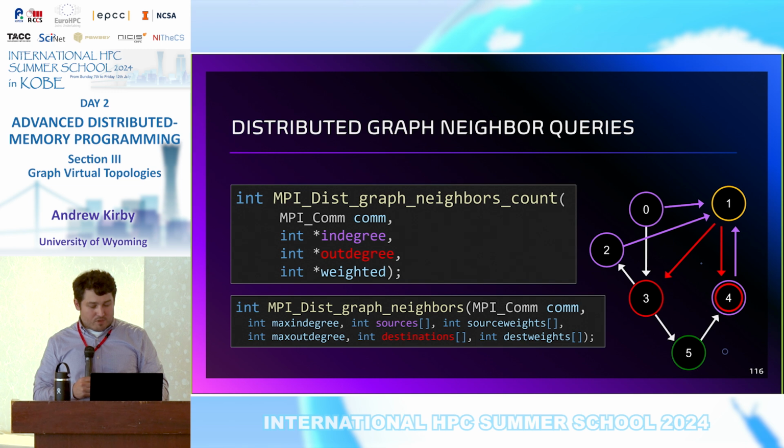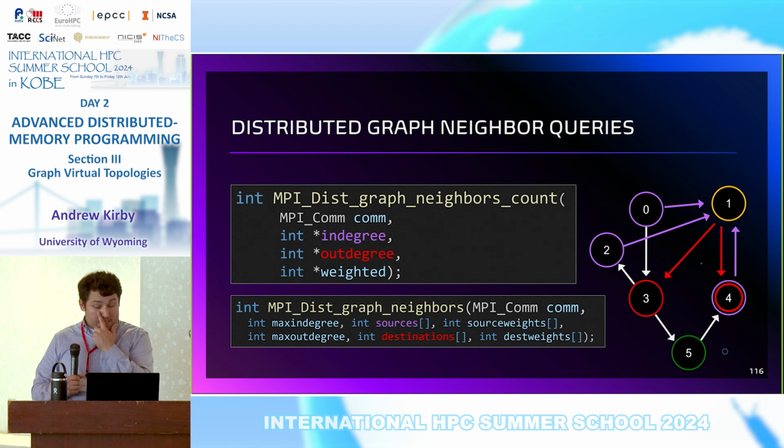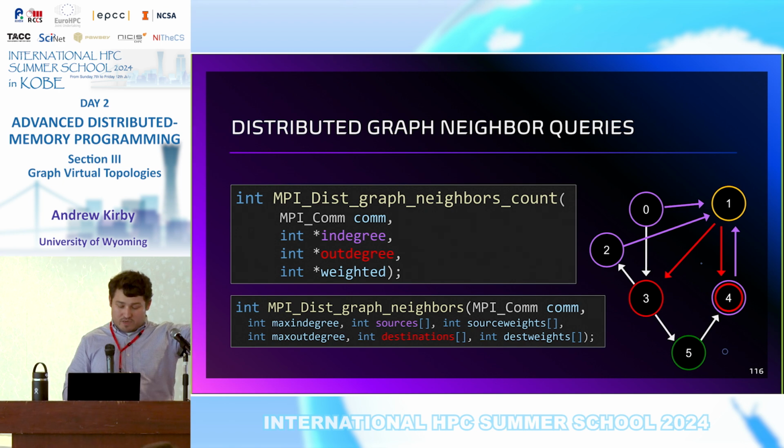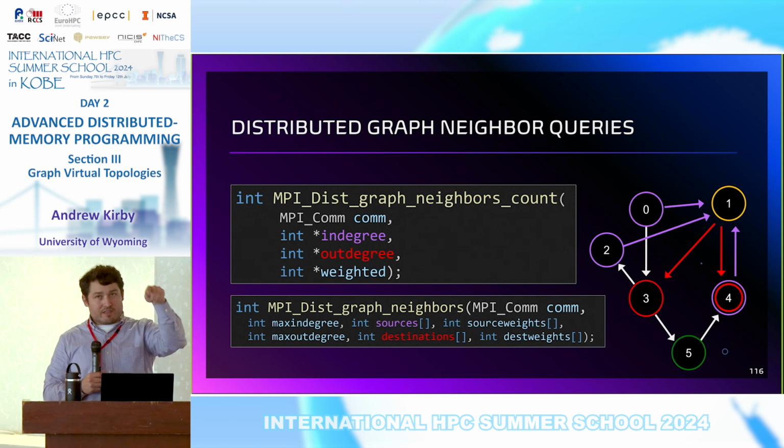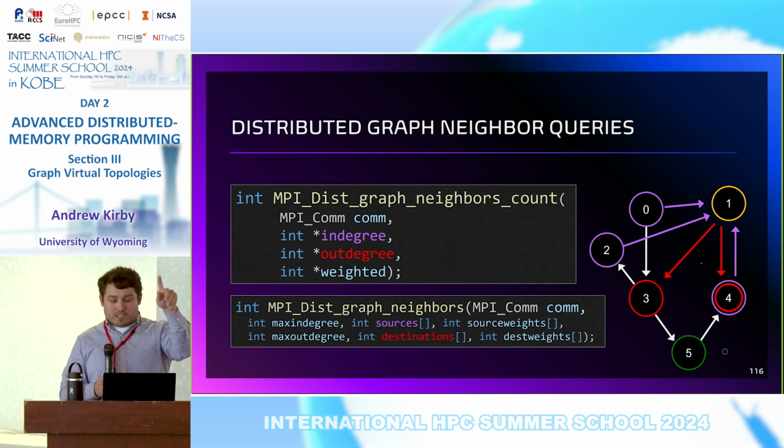So in this example, if we look at node 1, we see that the in degree, shown in purple, we're talking to 3 nodes. So in degree would be 3. And then we could say, if we put in a max in degree of 3, then our source array would tell us, if we registered it that way, we talk to nodes 0, 2, and 4, for example.